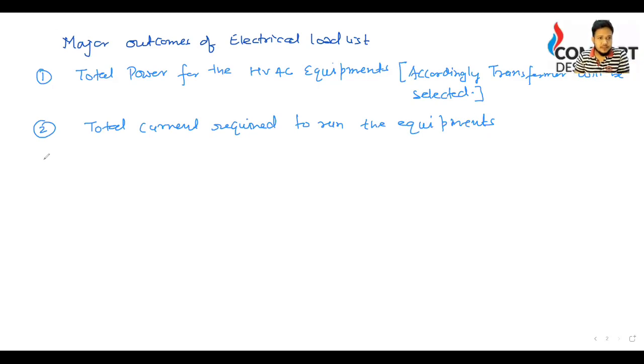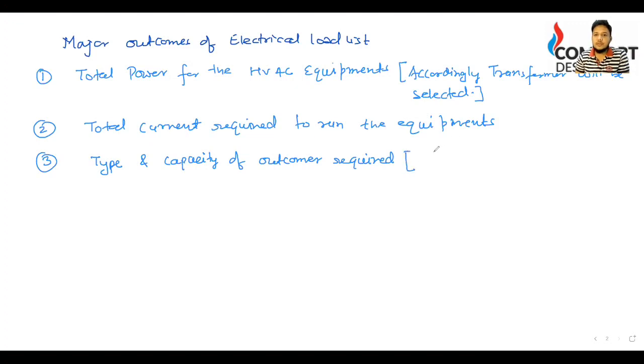Number three is the type and capacity of outcomer required.